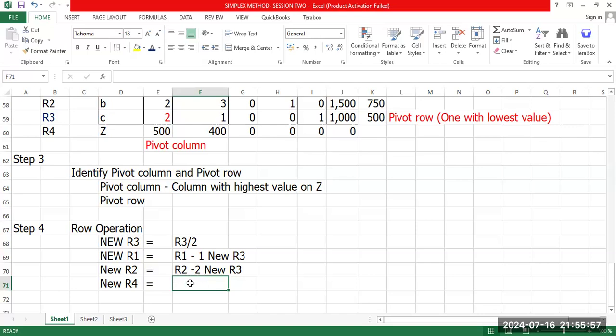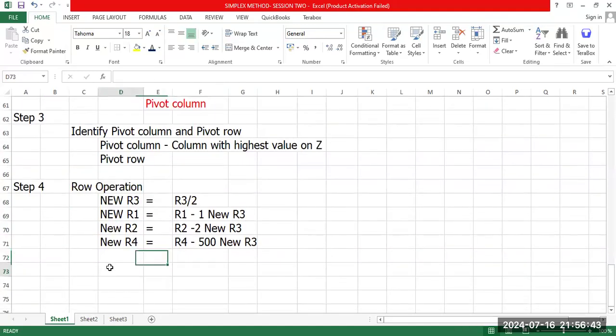It is going to be row 4 minus the row you want to change, minus the figure you want to change. Then times the new row. New row what? 3. New row 3. This one remains constant. So you have your formulas, and you can come up with a second table.